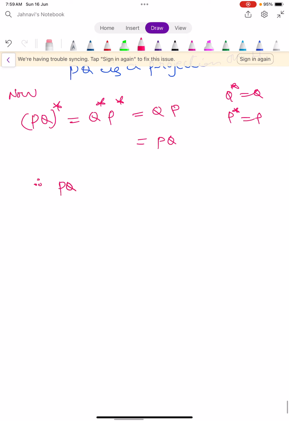Therefore, (PQ) star is equal to PQ. This is nothing but PQ is a self-adjoint operator.